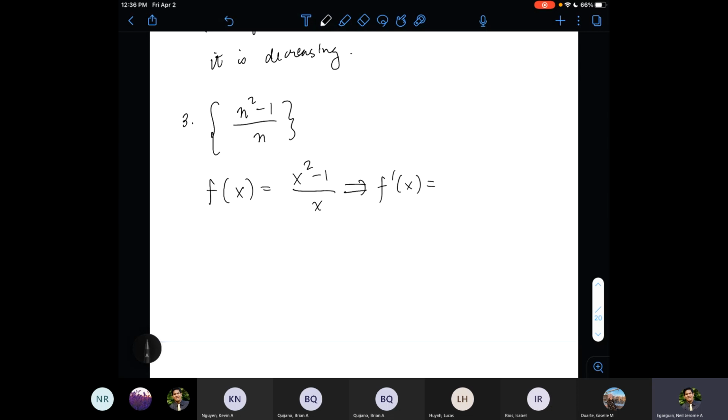Because sequences do not have derivatives because they are just a bunch of points. But real valued functions have derivatives. So let's compute the derivative here. For that, I'll need the quotient rule. So I'll have x squared in the denominator, and then low derivative of the high minus high derivative of the low function.